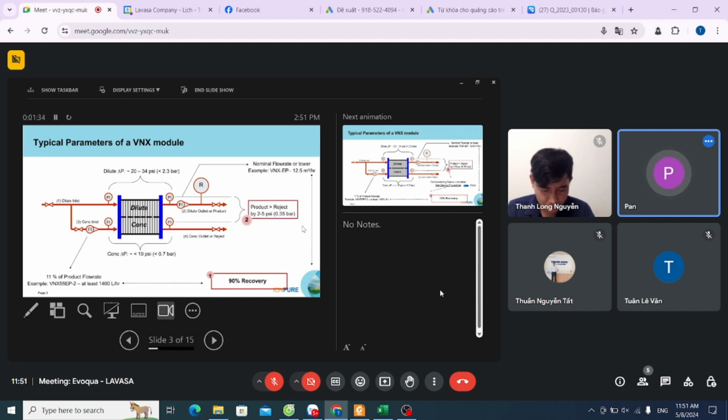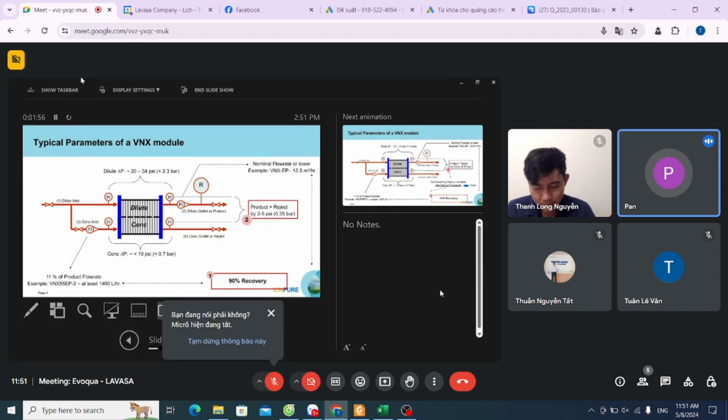you need to set the pressure of the system. The product pressure must only be a little bit higher than the reject. So if here is 50 psi, here it must be 45. If here is 35, here must be 30. If here is 20, here it must be 15.